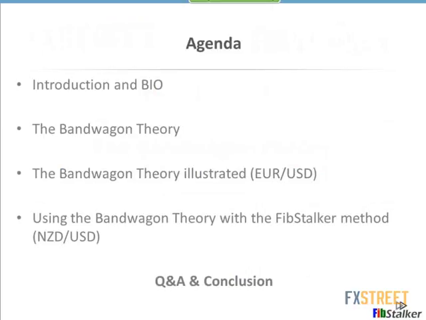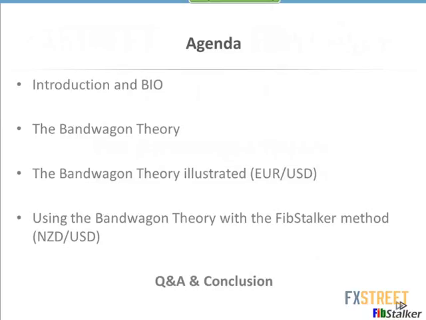The agenda of this webinar is going to be this one. I'm going to have a little introduction about myself. I'll talk about the bandwagon theory, so I will introduce the bandwagon theory. After that, I will illustrate the theory on the daily chart of the euro dollar.